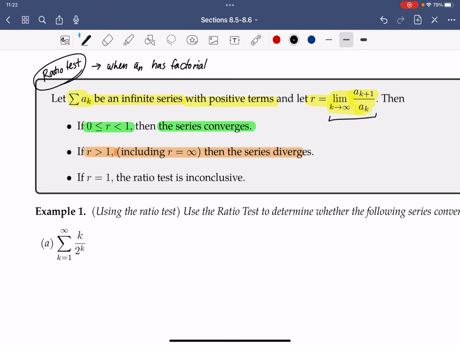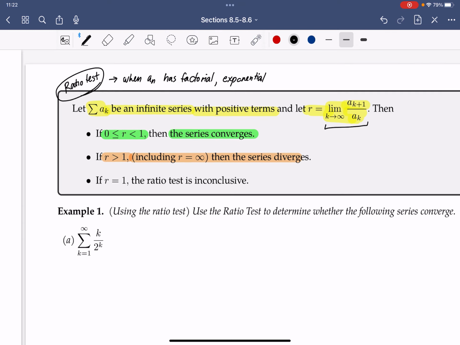If you have a factorial in there, you don't know how to deal with it because you cannot integrate a factorial. So mostly when people see a factorial, they're going to use the ratio test. It's useful in that case, but you can apply the ratio test in many ways. If you see an exponential function, it's going to be useful as well.